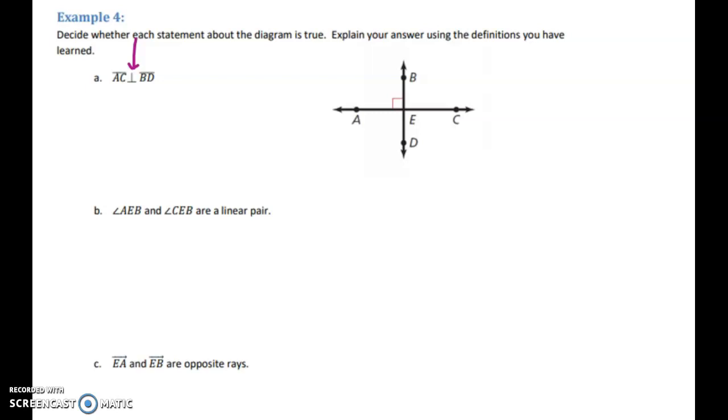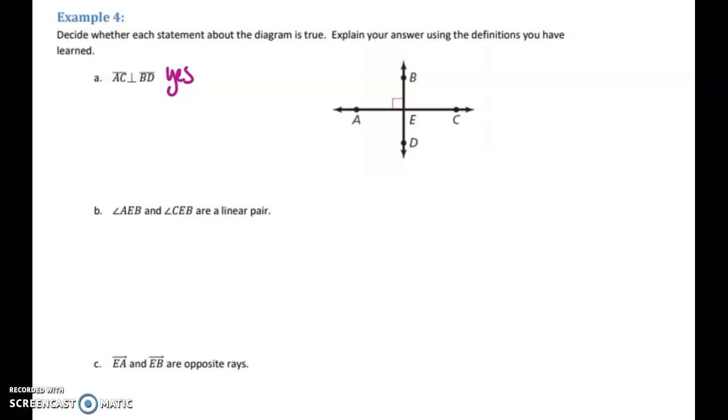So if you look at line AC, that's this line right here, and line BD. Now notice it has the right angle drawn in. So it is completely okay since it has that right angle drawn in there. We know it is a right angle. So we are going to say, yes, it is true. Now our reasoning, I'm going to try to use everything as a biconditional statement because that's how I've written all your definitions to use for proofs that we have coming up.